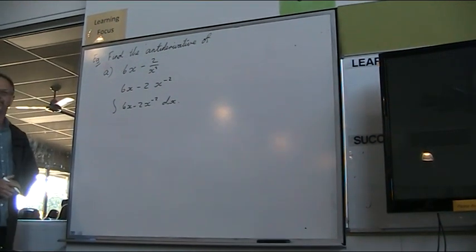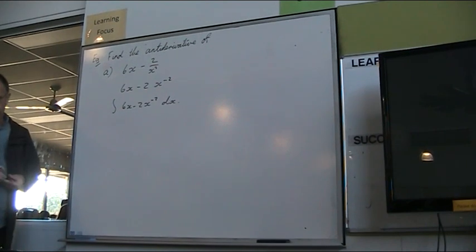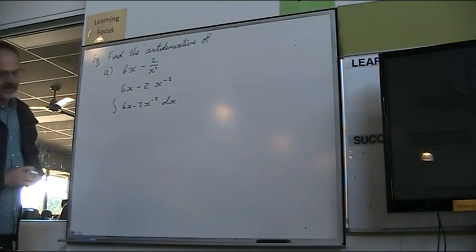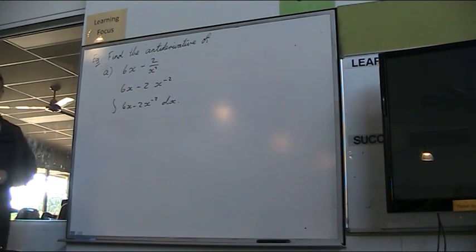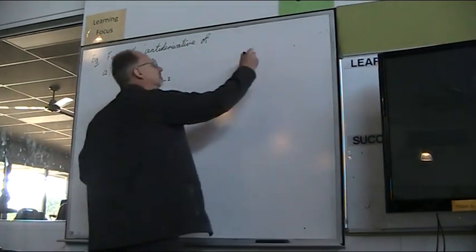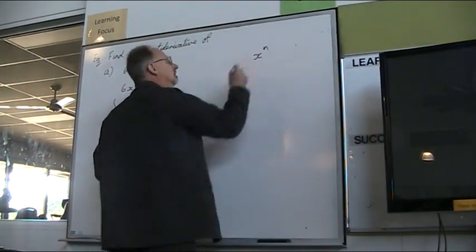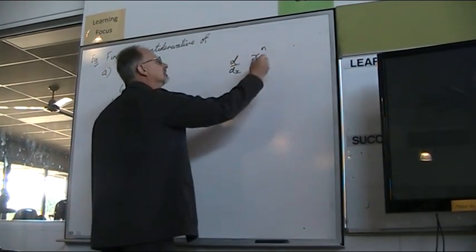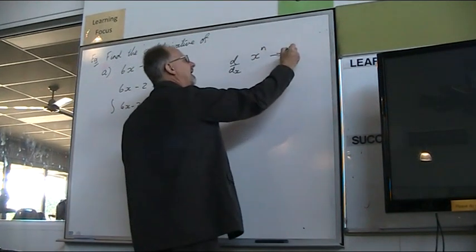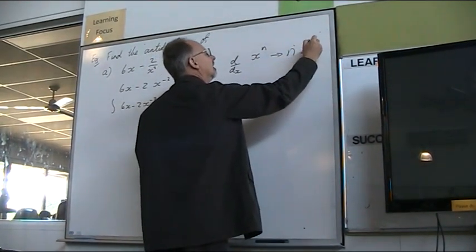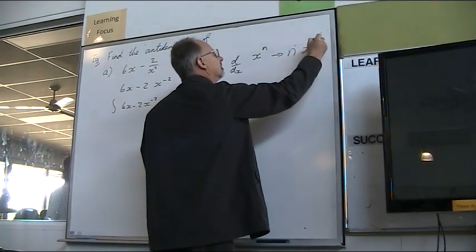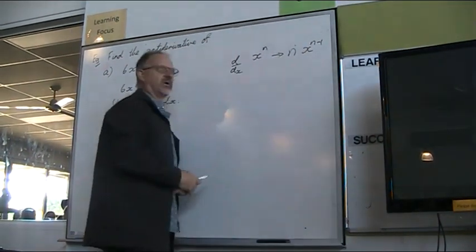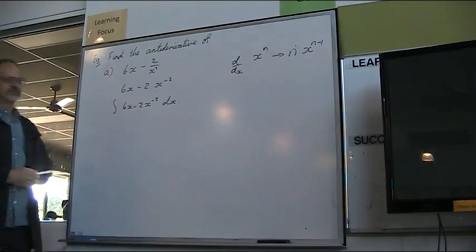Alright, so before, when we differentiated, what did we do? When we differentiate a polynomial, what did we do? We brought the power down, decreased it by 1.